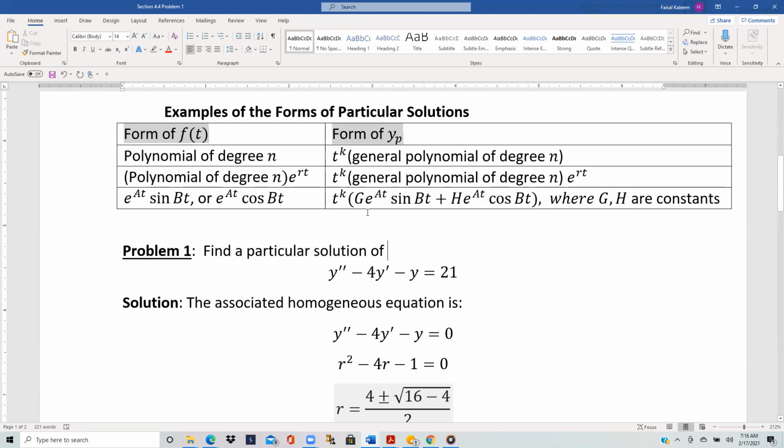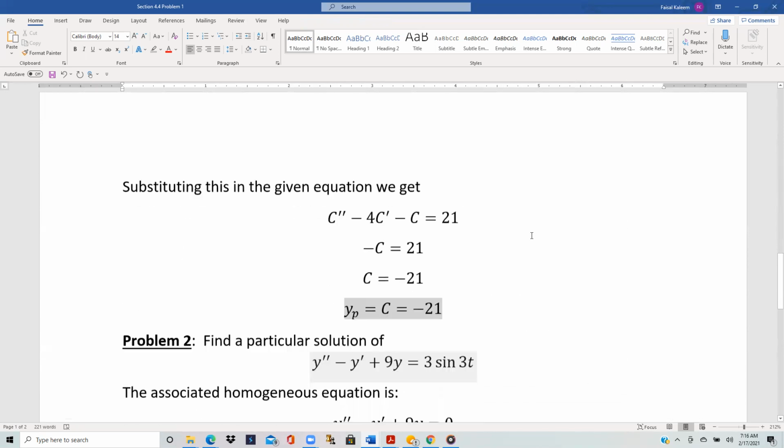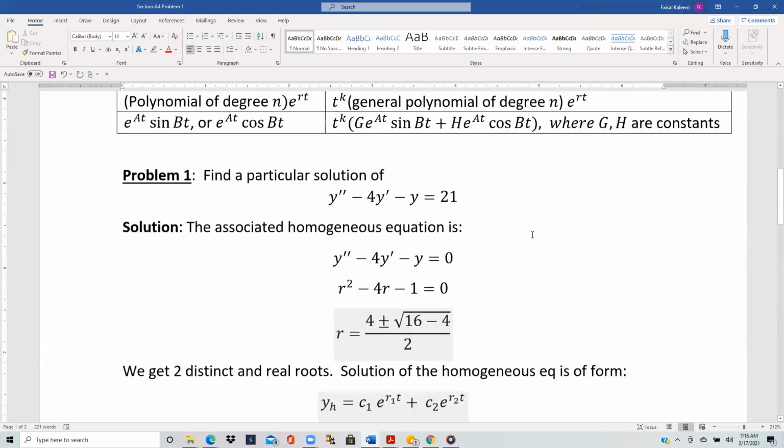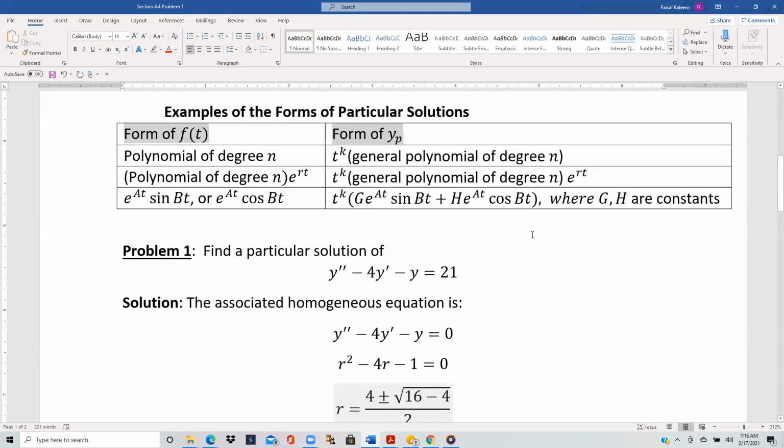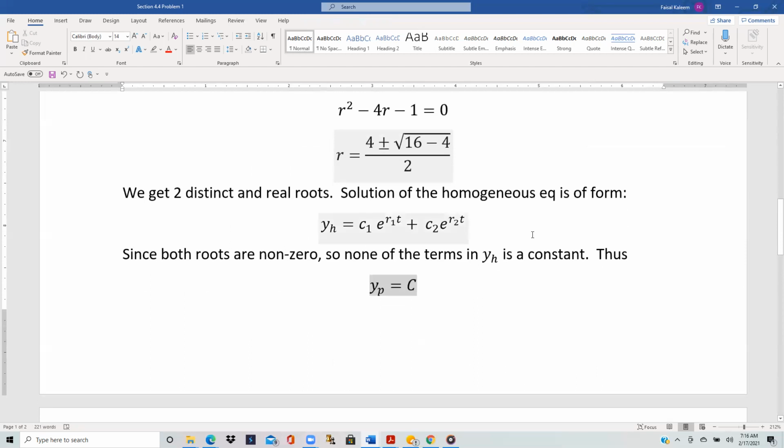Okay, so it would be G sine 3t plus H cos 3t. Remember, e to the at is missing in the problem, and so it will be missing here. So it'll be G sine bt plus H cos bt.